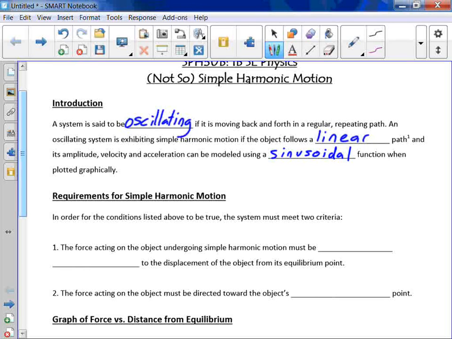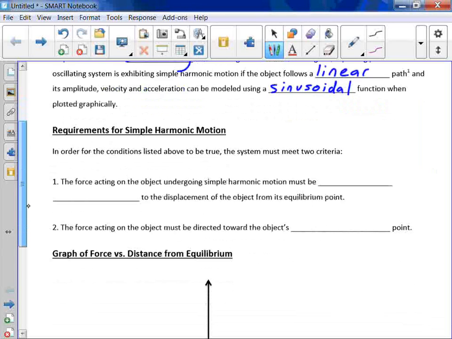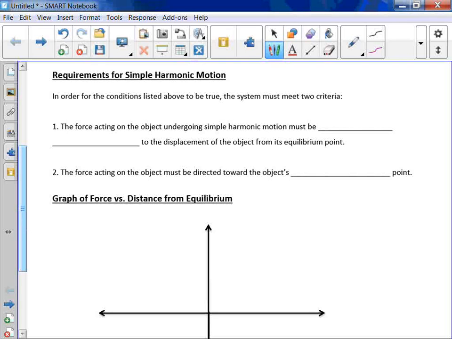Right off the bat, we have 2 requirements for simple harmonic motion. First requirement is that the force acting on the object must be directly proportional to the object's displacement.